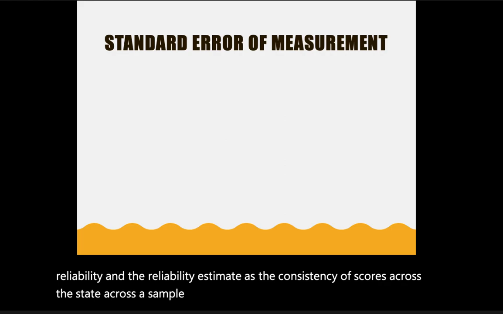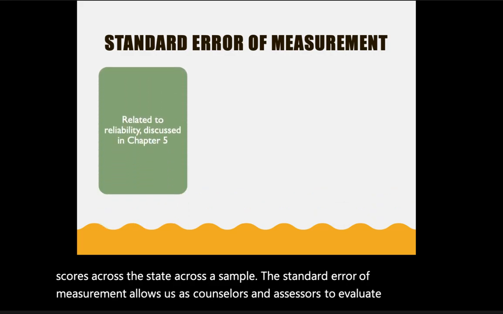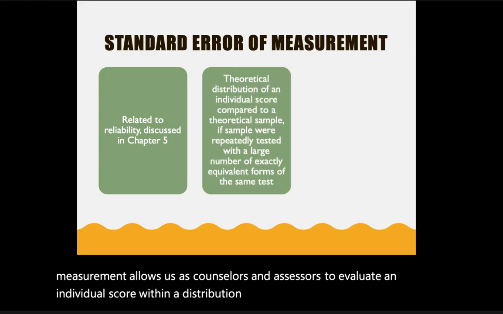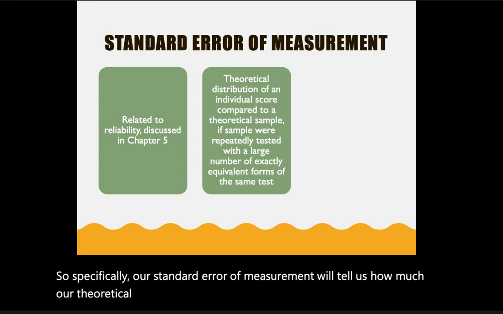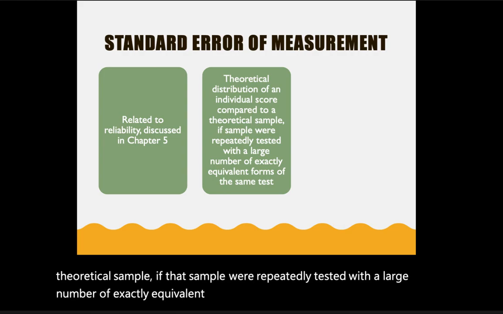The standard error of measurement allows us as counselors and assessors to evaluate an individual score within a distribution. Specifically, our standard error of measurement will tell us how much our theoretical distribution of an individual score differs compared to a theoretical sample, if that sample were repeatedly tested with a large number of exactly equivalent forms of the same test.